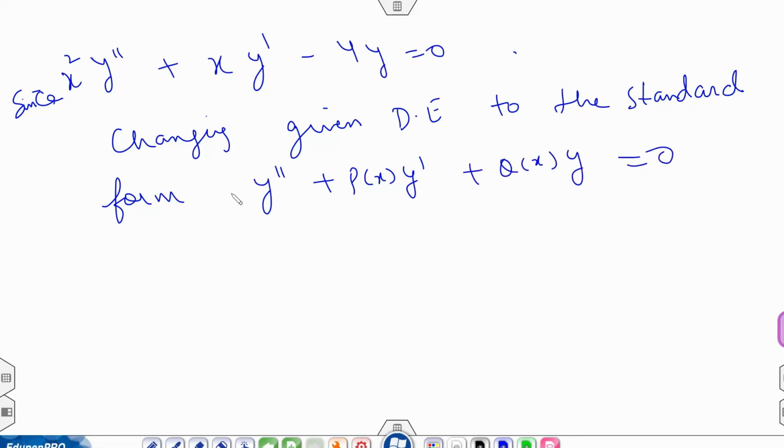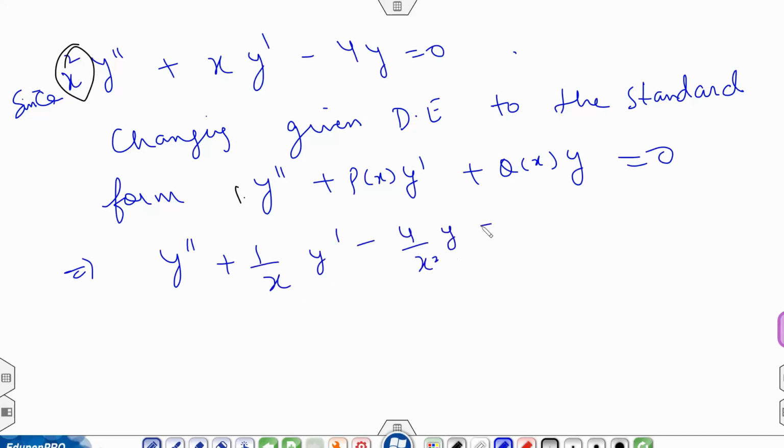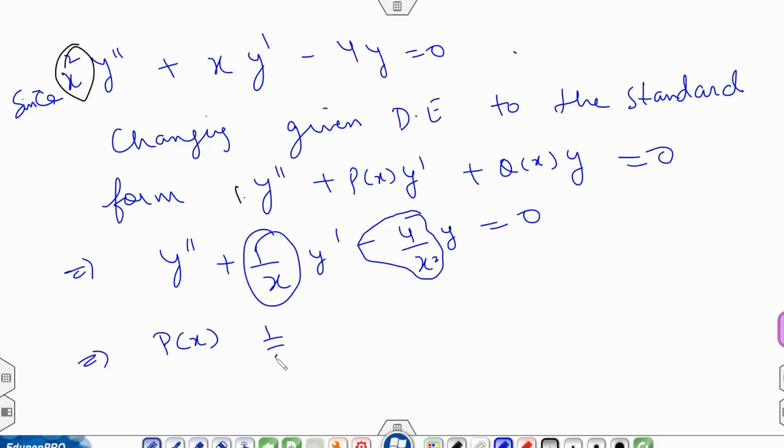Here you can see that the coefficient of y double dash is 1, and here you have x square. So you have to first convert this equation into the standard form. Just divide this by x square. So the equation will be changed into this. Now you can see that here p x is this and q x is coming out to be this. So p x is this, which implies that we need only p x, that is 1 by x.